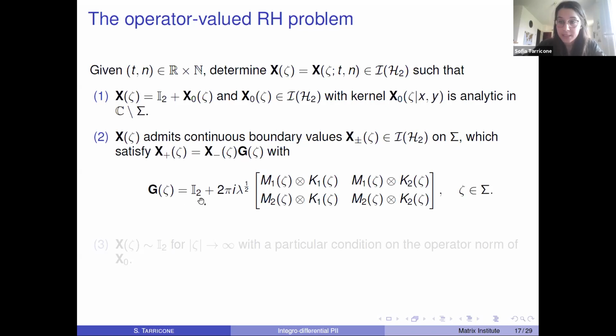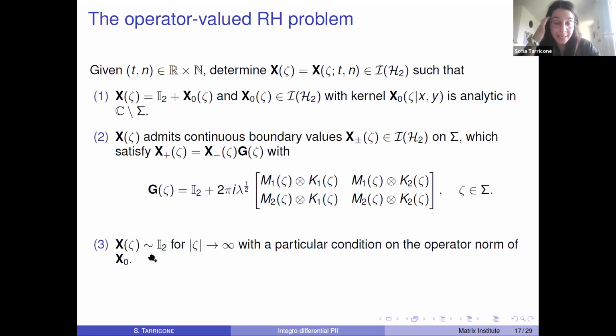So we have the identity on H2 plus this operator, in which every entry is actually described by the rank 1 operators acting on H1 that we defined just before. So I remind you that actually this diagonal is 0. So these two are the 0 operator. And finally, the last condition that you always require in the Riemann-Hilbert problem is that your solution X should be normalized to the identity while you take your complex parameter going to infinity.